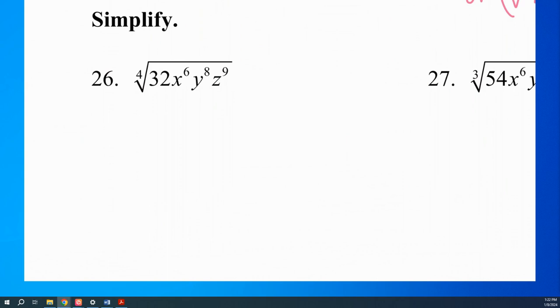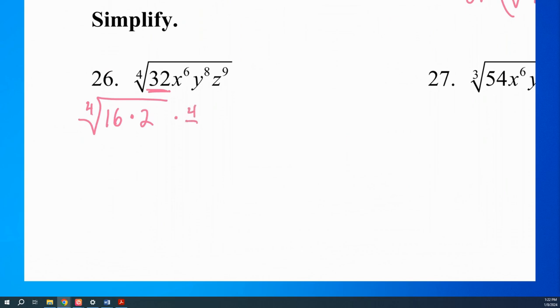All right. Let's start by splitting it up a little bit. So 32, I'm going to simplify that. So what is the highest perfect 4th root that 32 is divisible by? 2 to the 4th, which is 16. And it's 16 times 2. Okay, and I am going to split it up even further.